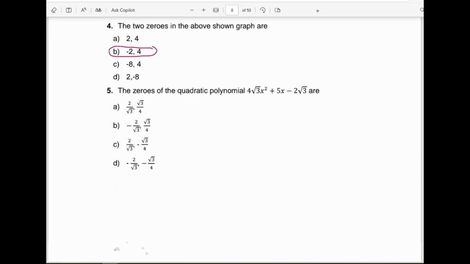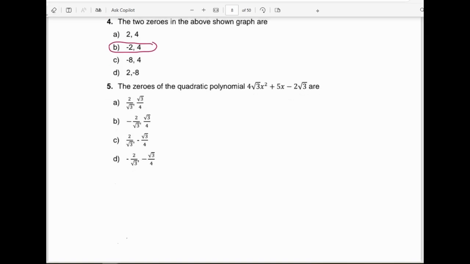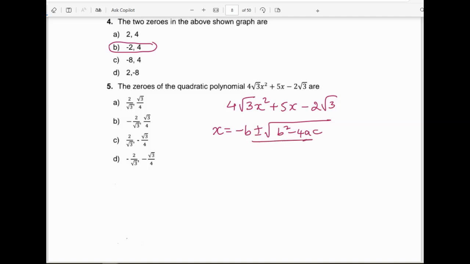Then next one, the zeros of the quadratic polynomial 4 root 3 x square plus 5x minus 2 root 3 are. So what are the roots of the polynomial? We have a formula, that is x equals minus b plus or minus root of b square minus 4ac divided by 2a.